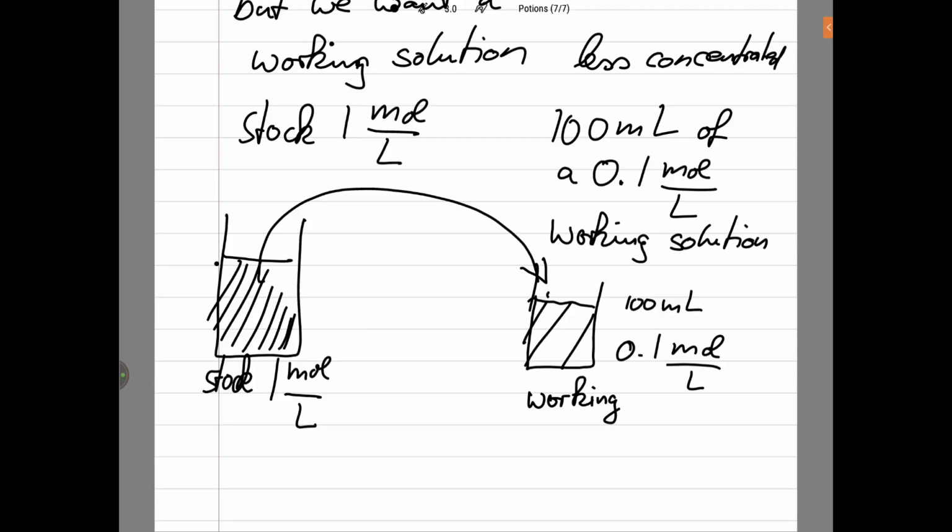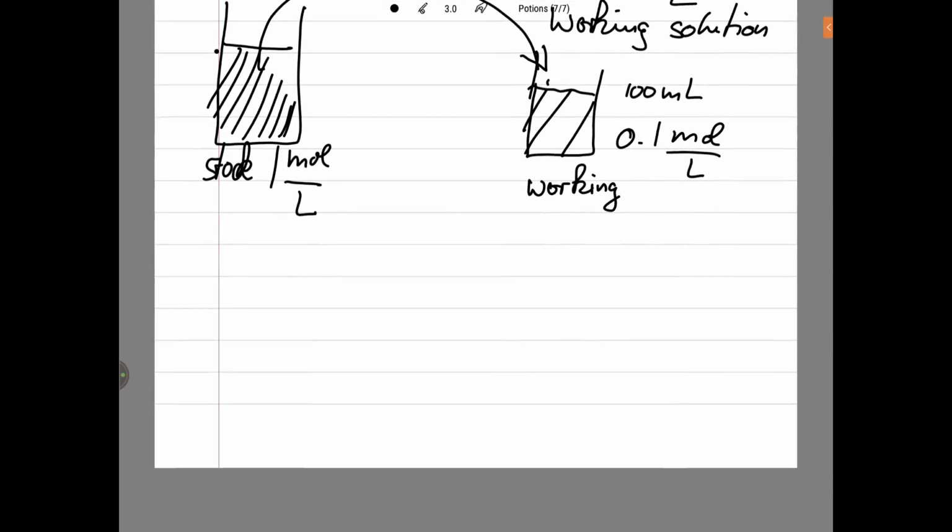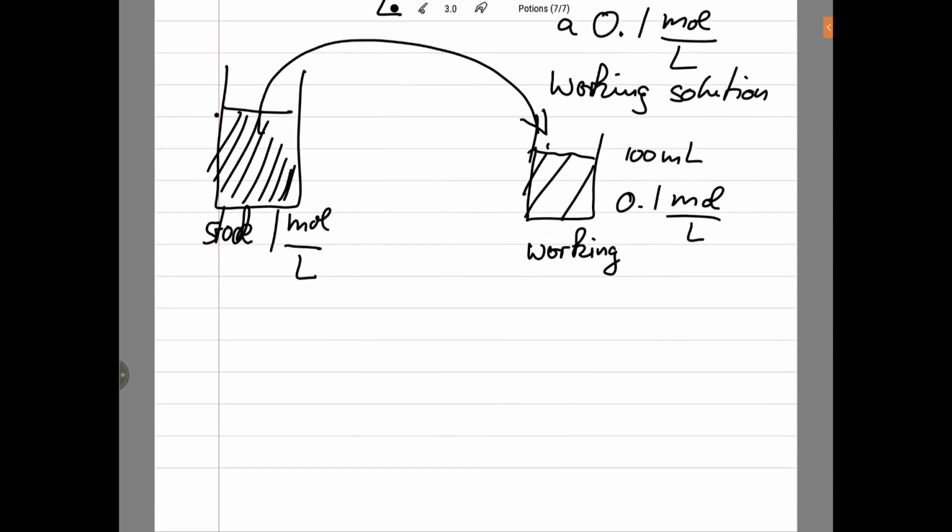How can we deal with that? There's a simple trick. It's a very simple trick. First of all, I show you the long way, and then I show you the short way. The long way is, how many moles do we want to have in our working solution?